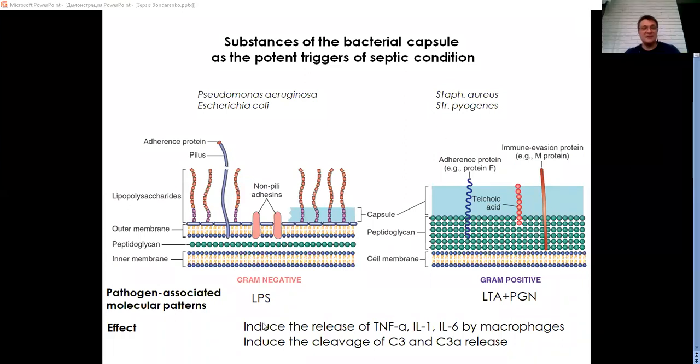And you may see the so-called pathogen-associated molecular patterns, which in fact irritate our immune-competent cells, first of all neutrophils and monocytes. In the case of gram-negative bacteria, that's lipopolysaccharide.